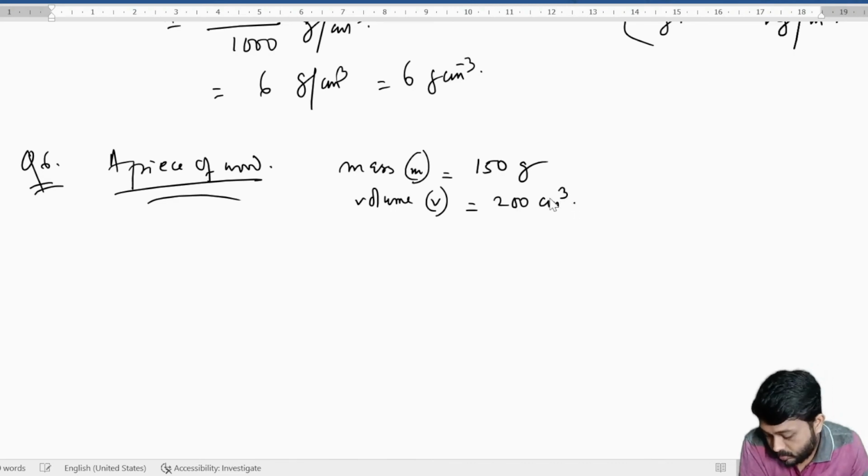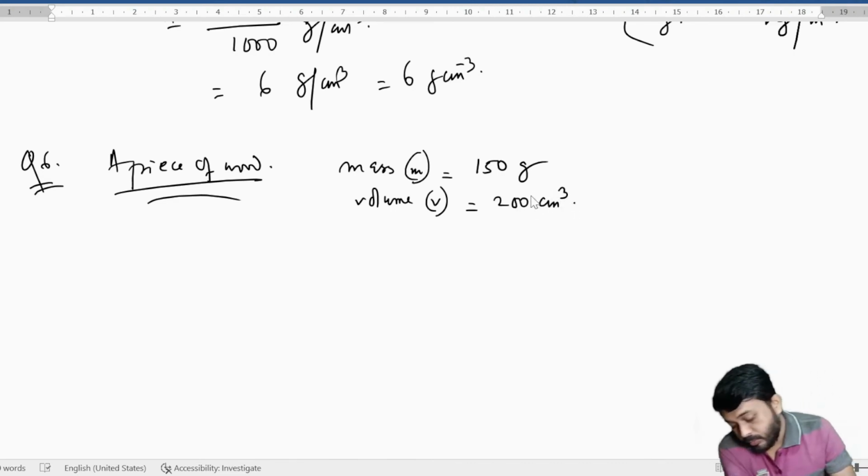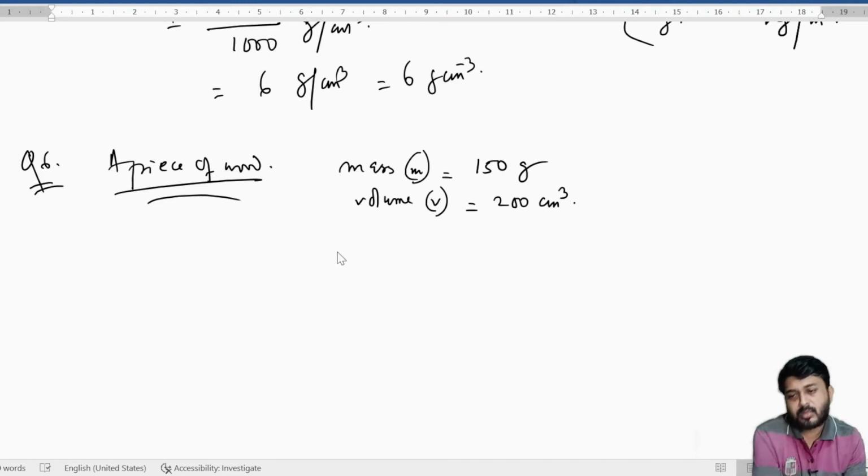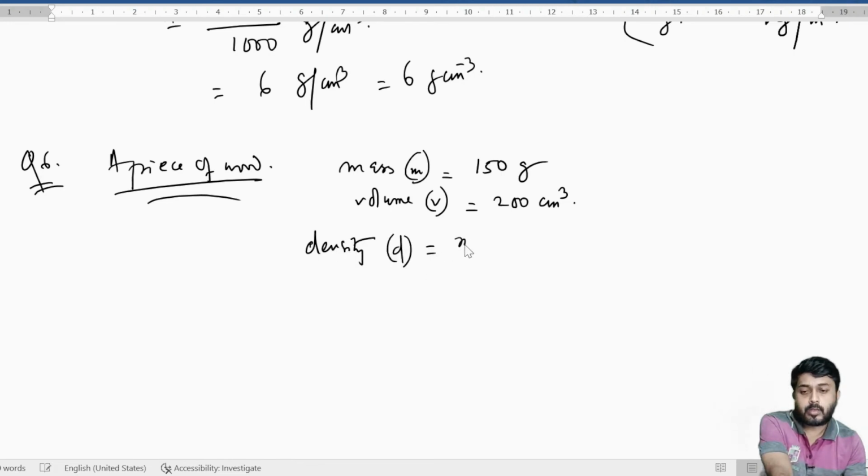Find the density of the wood in CGS and in SI. Very simple kind of question. What should be its density? D is equal to M by V, right? So 150 divided by 200 gram centimeter to the power minus 3.